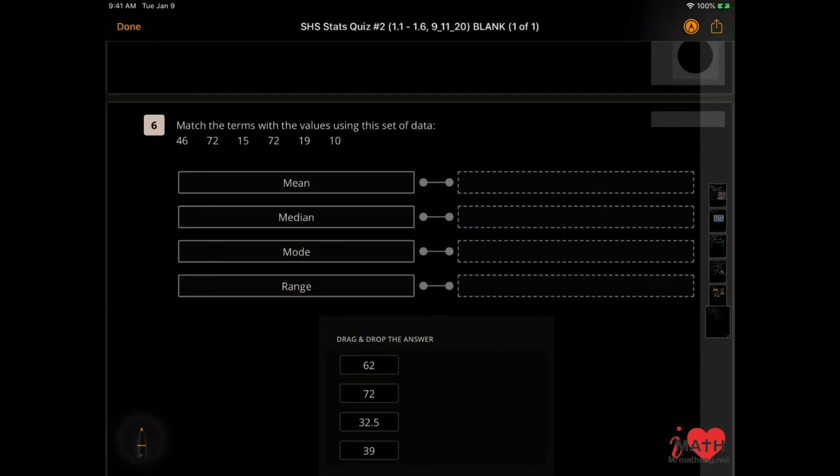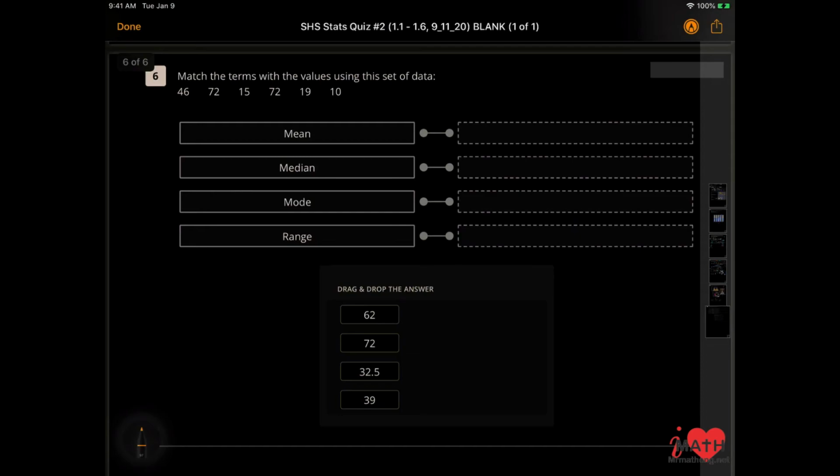Match the terms with the values using this set of data. What do you do with your data? How do you organize it? You can put it from least to greatest, ascending order. So let's go ahead and do that. Putting check marks here just in case I get a bunch of numbers. Now there are 6 numbers in my list, so n equals 6.